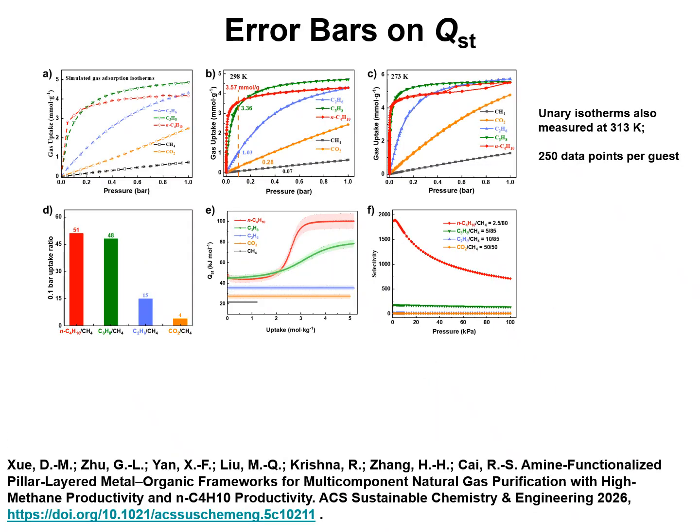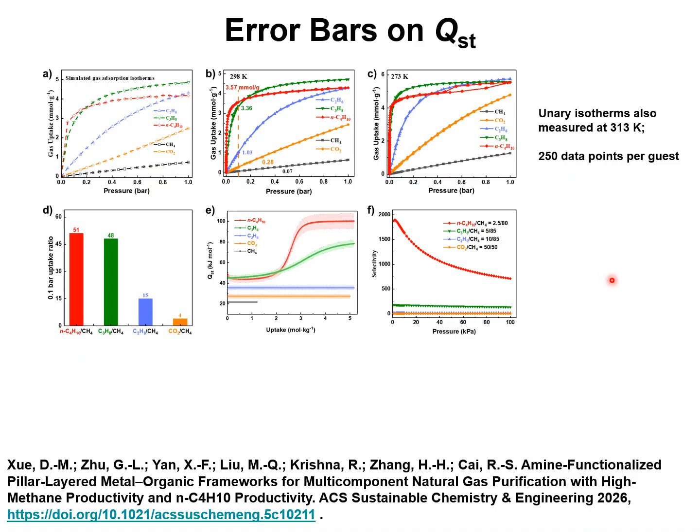The paper reports data on the unary isotherms for each of the 5 components in the natural gas mixture at 3 different temperatures: 273 Kelvin, 298 Kelvin, and 313 Kelvin. At each temperature, a total of 250 data points are reported for each gas molecule.